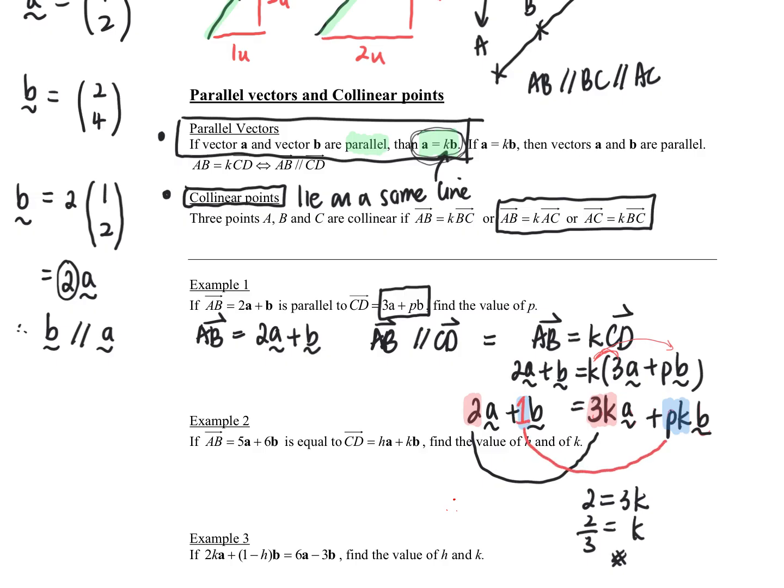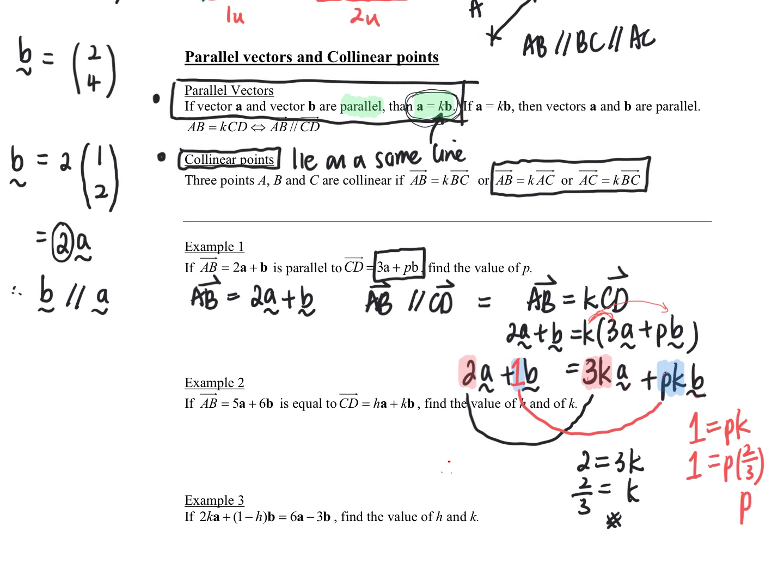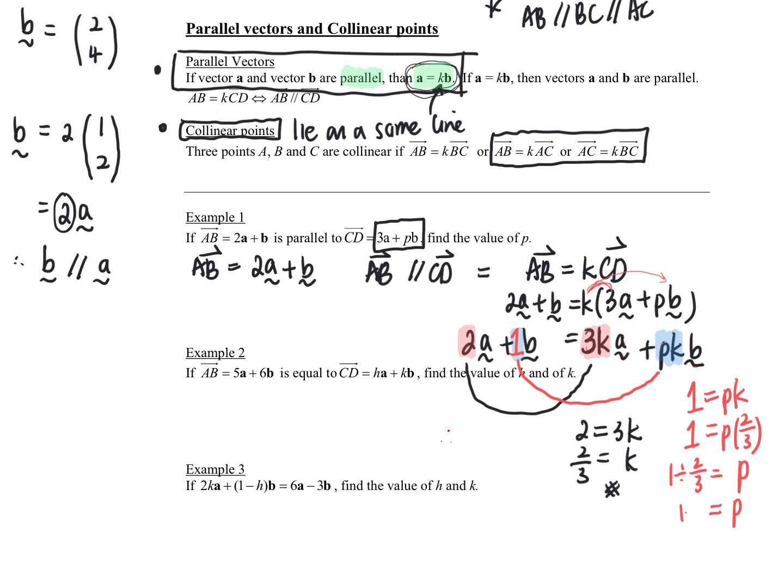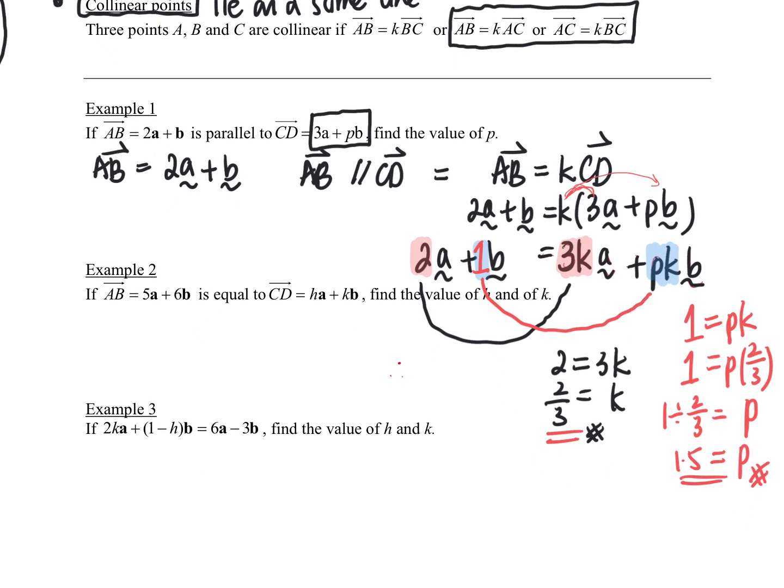This is 1, so 1 is equal to PK, and I already know K is 2/3. So I sub K as 2/3. Then P is just 1 divided by 2/3, which is 3/2. So this is how you solve. You just compare each of them accordingly.